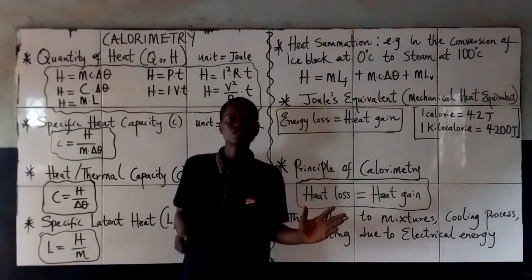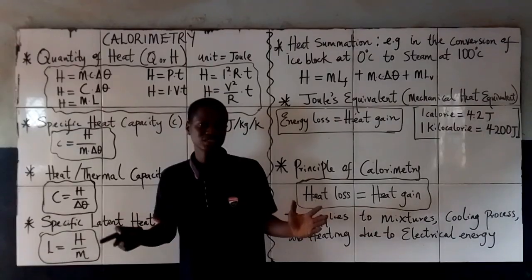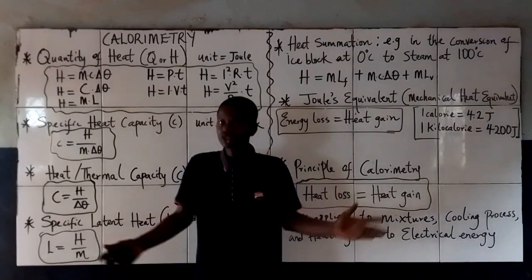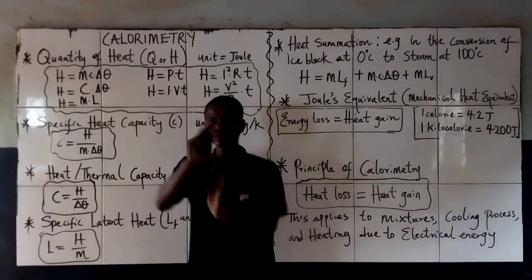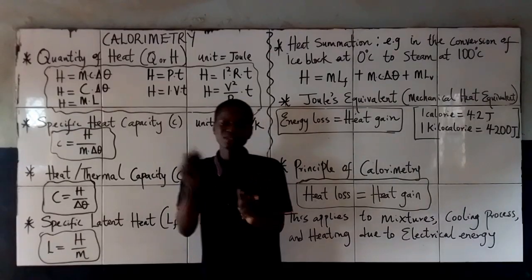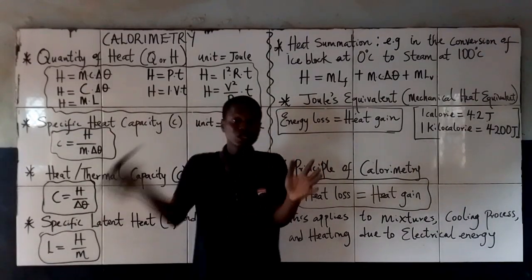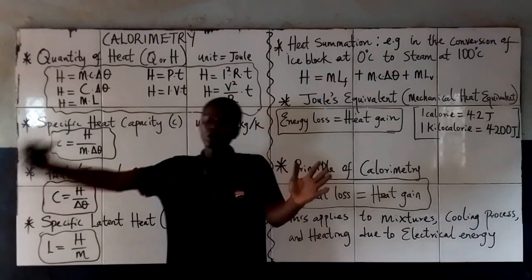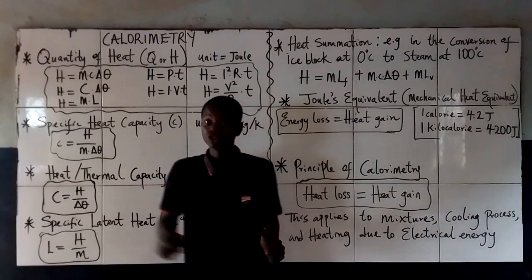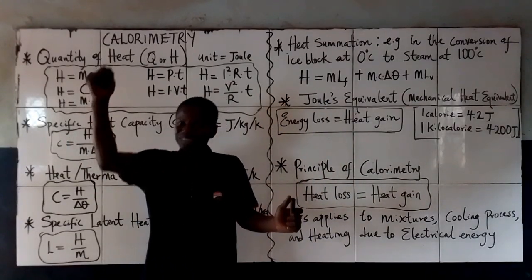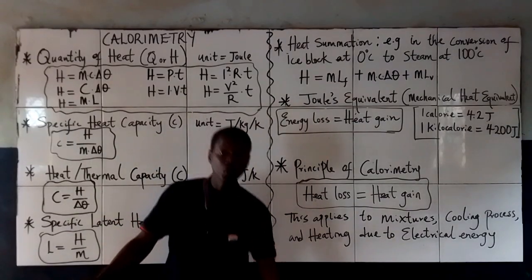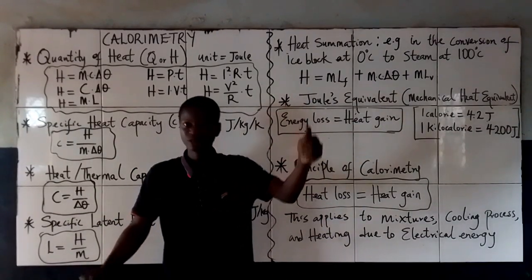Now what do you observe? Cold water at 10 degrees Celsius, hot water at 80 degrees Celsius. Once those two waters start mixing, do you know that heat will be transferred from the hot water at 80 to the cold water, such that the temperature of the hot water will start decreasing, while that of the cold water will start increasing?